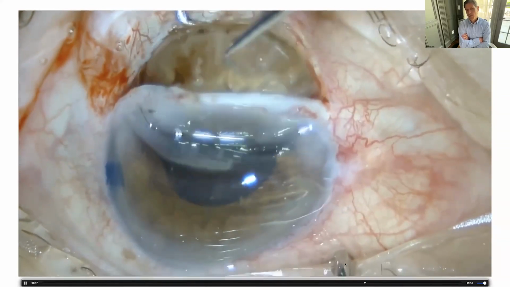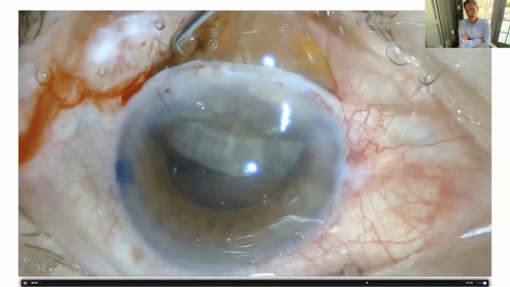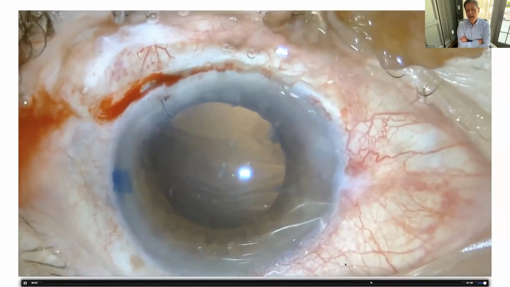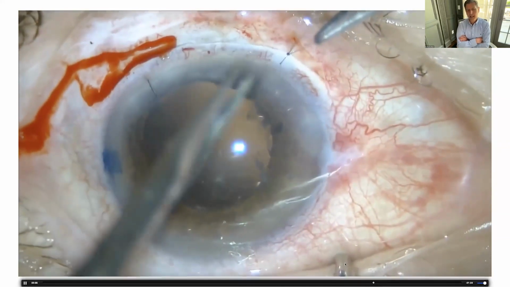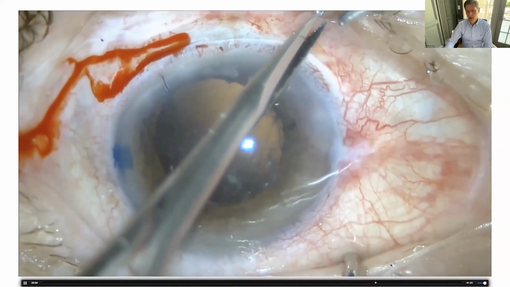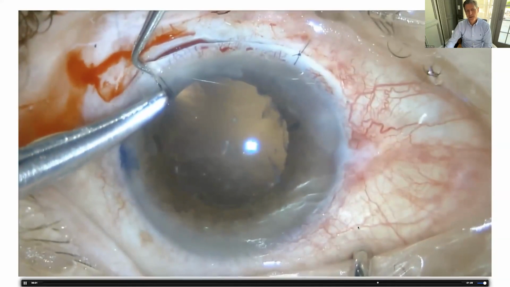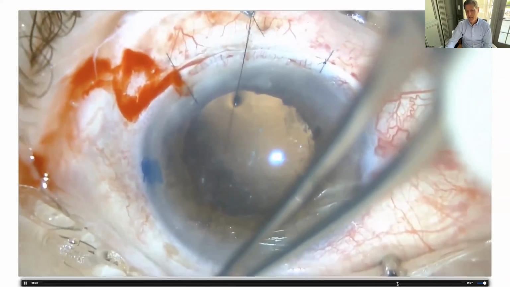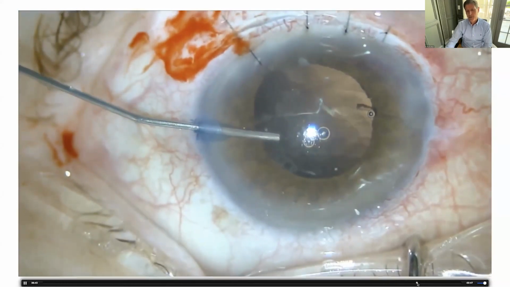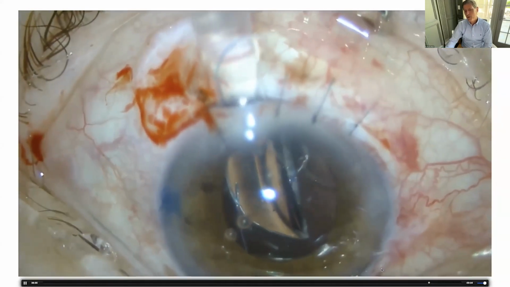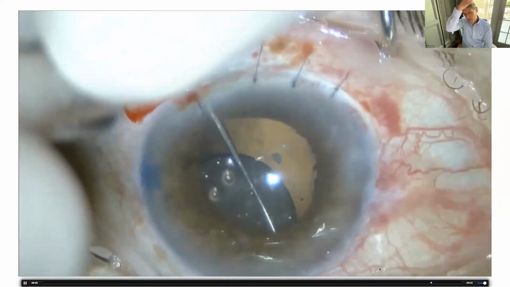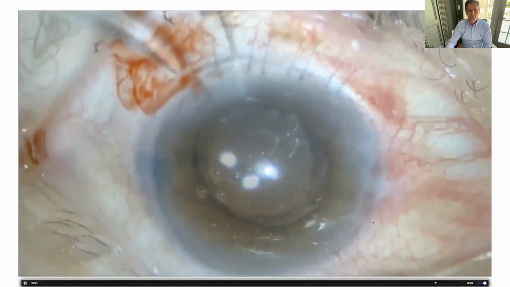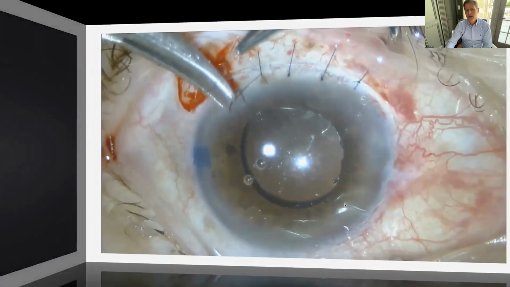So here we've made a good choice, because if we kept on trying, we would most likely have a zonular dehiscence, vitreous in the AC, and our case would be complicated. And we just put some stitches, aspirate, and introduce a 3-piece IOL in the bag. So it's always important to know how to convert and know when to convert.